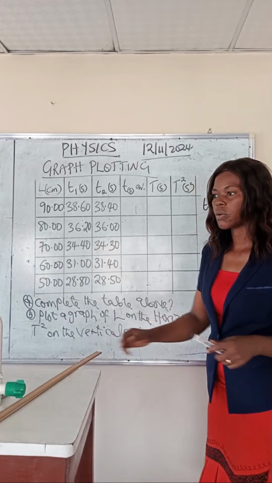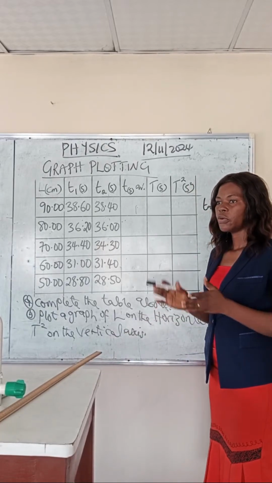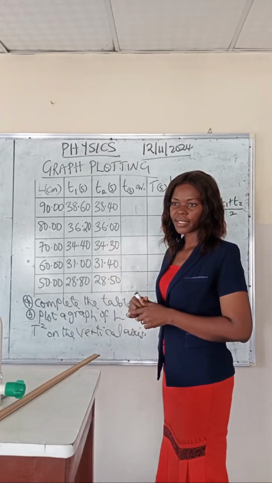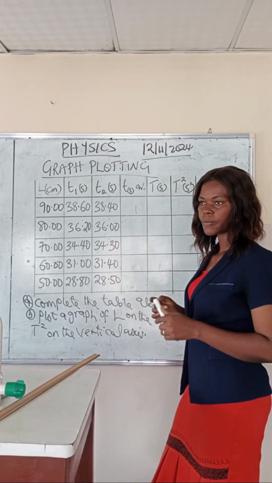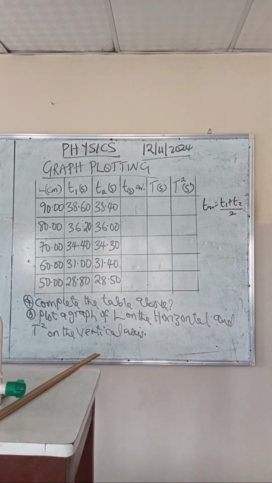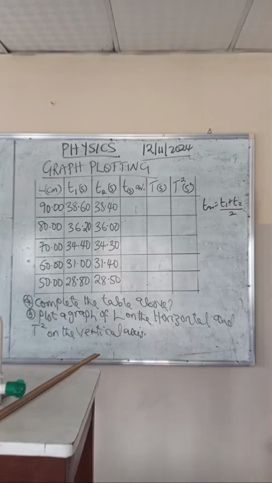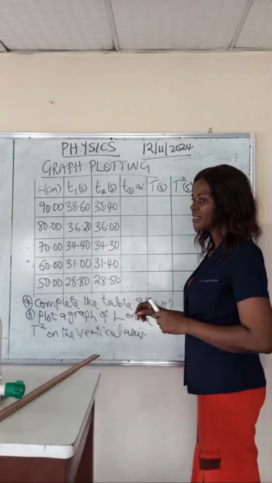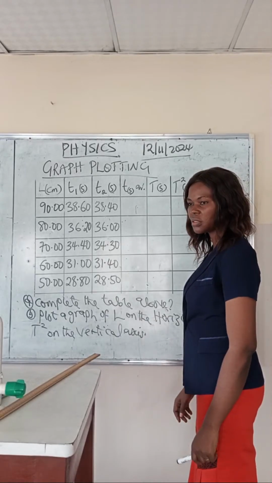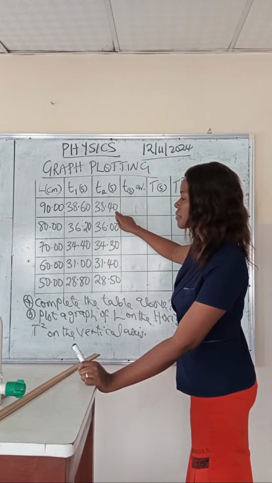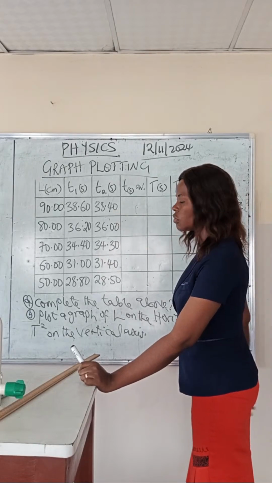So get to work. Who has a calculator? You can choose any number and start. Let me fill it up. That third one will not be 57.8. After 38.60, 38.40, you get 57.80? No. 38.50.